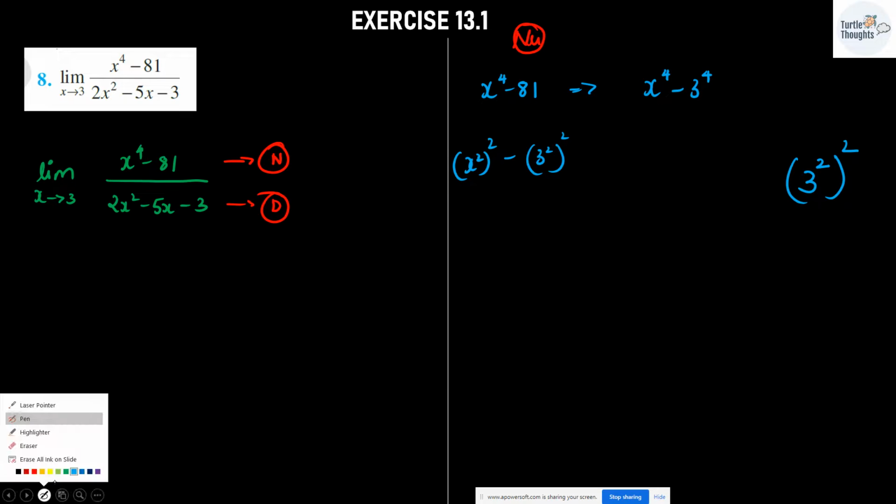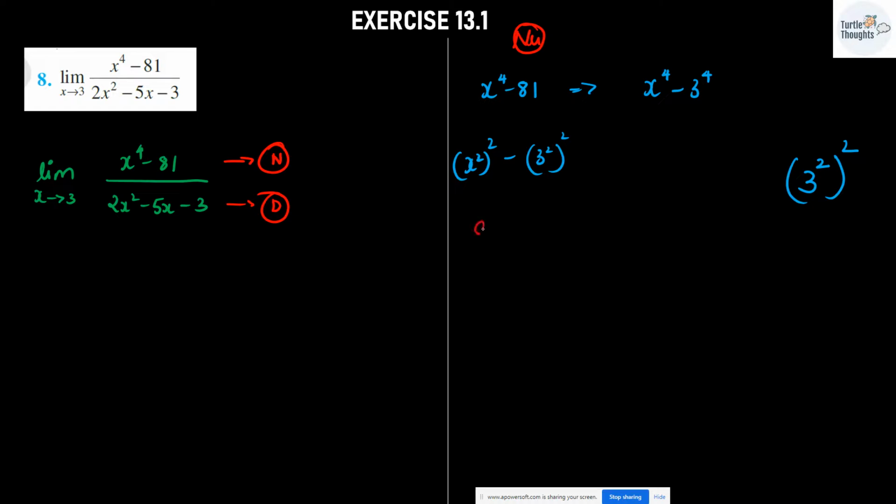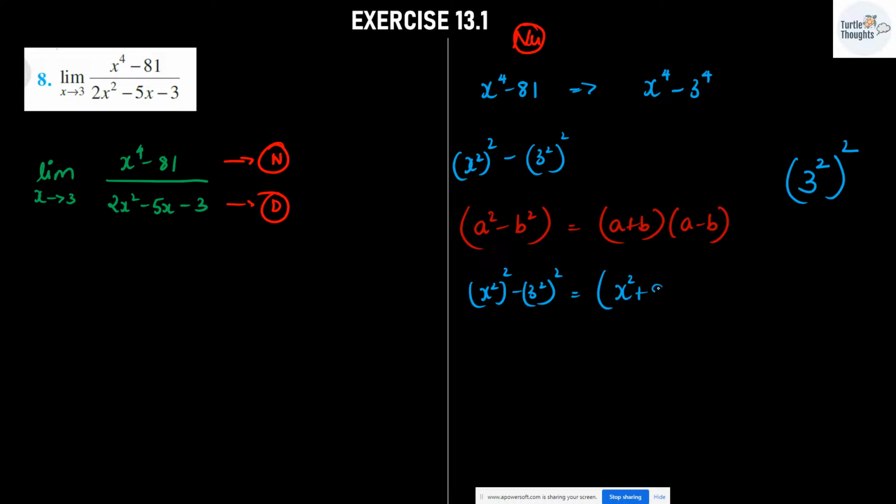Now this is of the form a square minus b square, which can be written as a plus b into a minus b. I will be getting x square whole square minus 3 square whole square as a plus b. Here a plus b is x square plus 3 square. 3 square is 9 multiplied by x square, which is a, and minus b, minus 9.